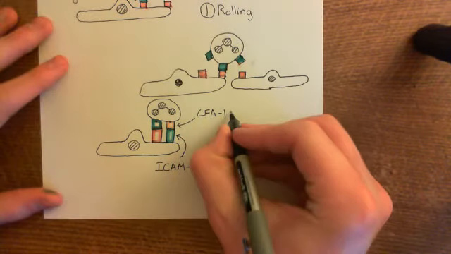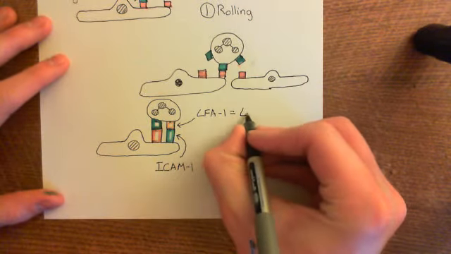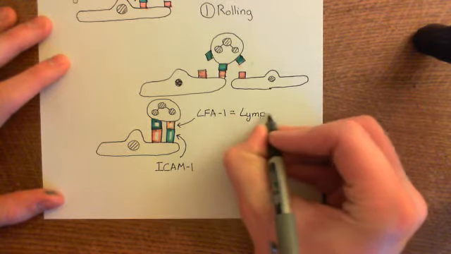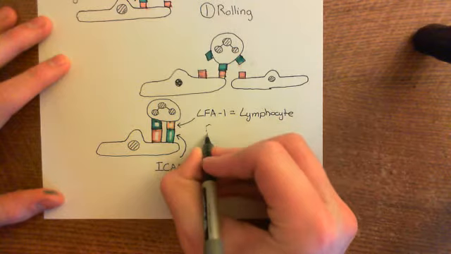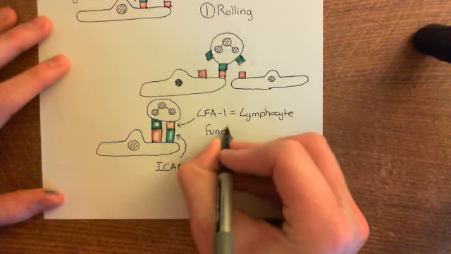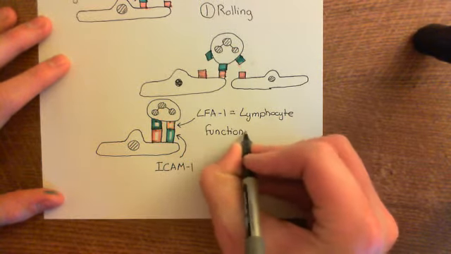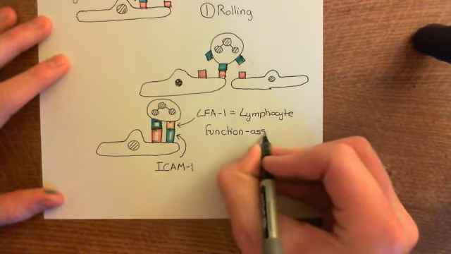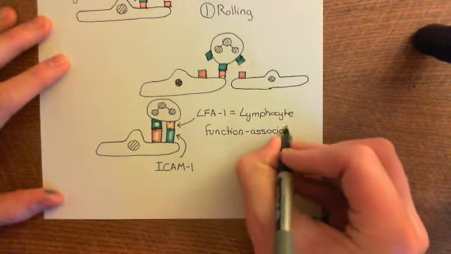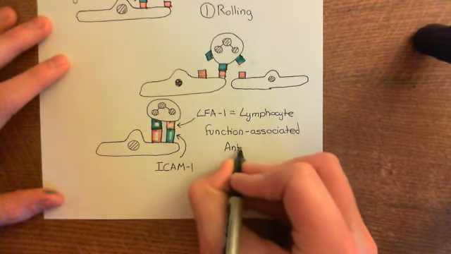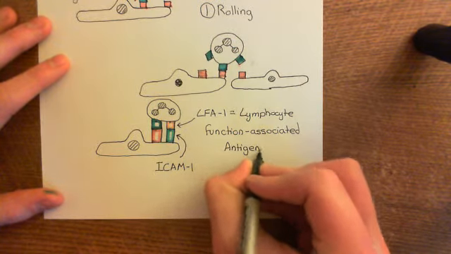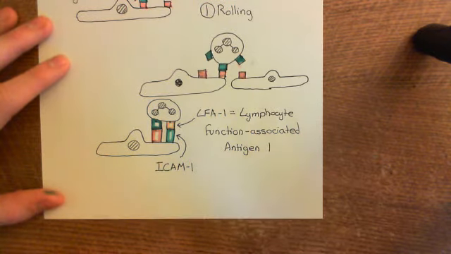Okay, so LFA1 stands for lymphocyte, that's the L in its name, function-associated antigen 1. So F stands for function associated, these 2 words linked together by that dash. And then the final A stands for antigen 1. Now it's an integrin cell adhesion molecule, which means that it consists of both an alpha subunit and a beta subunit.